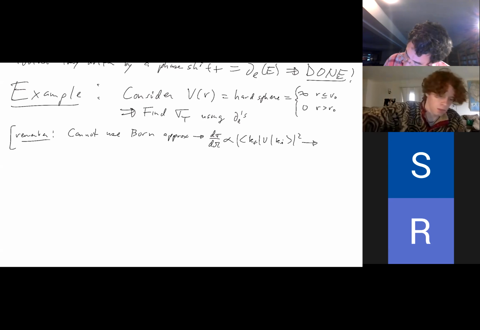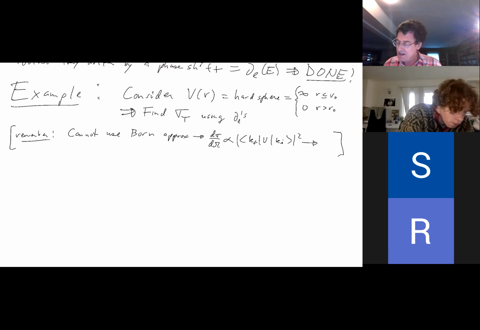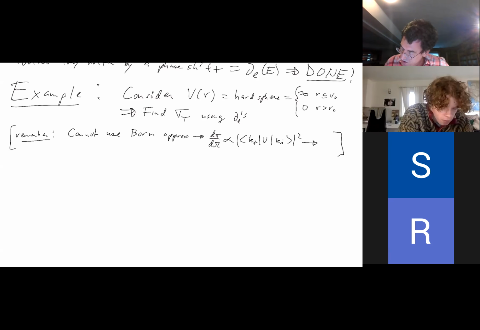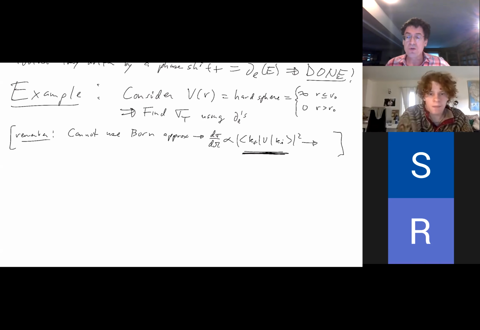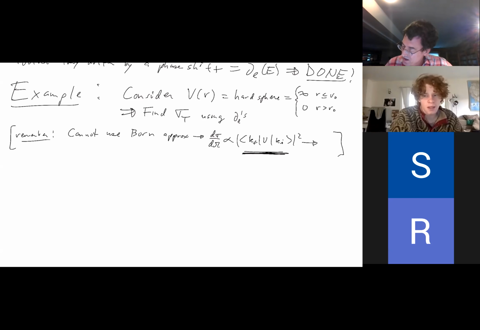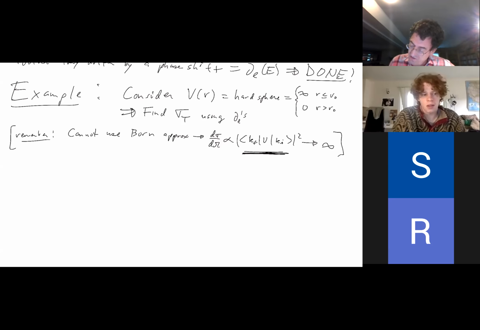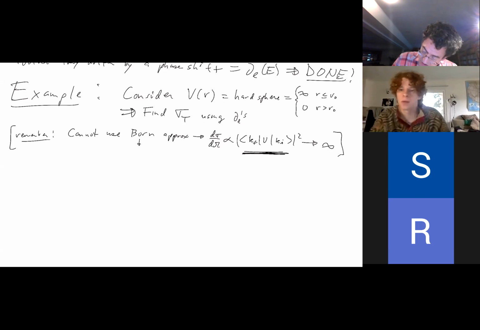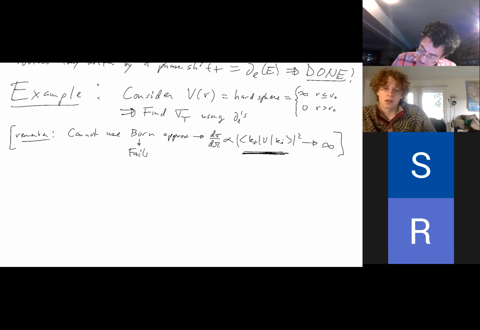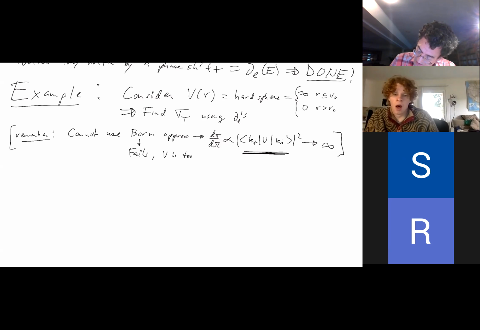And the reason we couldn't do the Born approximation is because when we try to calculate this matrix element, for the hard sphere it goes to what? Infinity. That's right. So the Born approximation fails for this example because the potential is too big. And the Born approximation is only for a small potential.